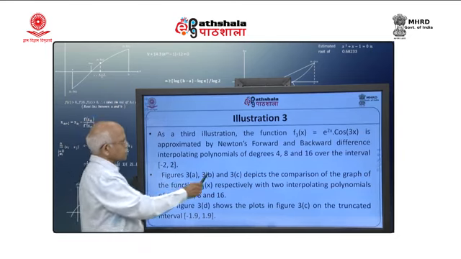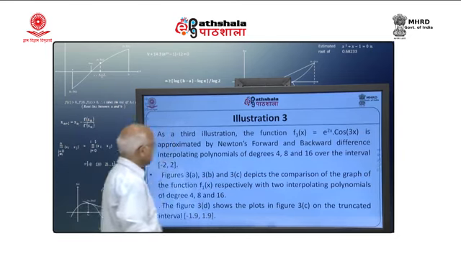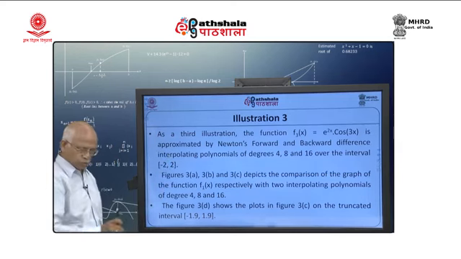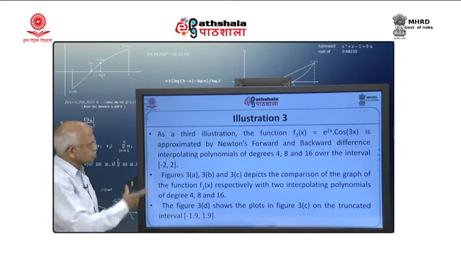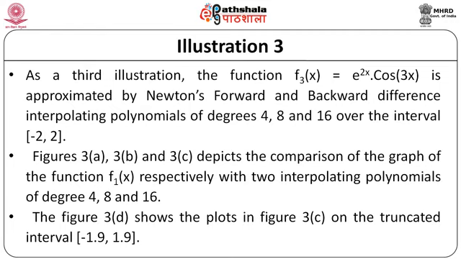Now, here I am taking degrees 4, 8 and 16 over the interval -2 to 2. I am taking a smaller interval because e raised to these values will rise very fast.